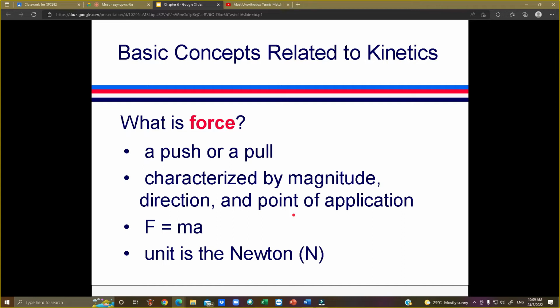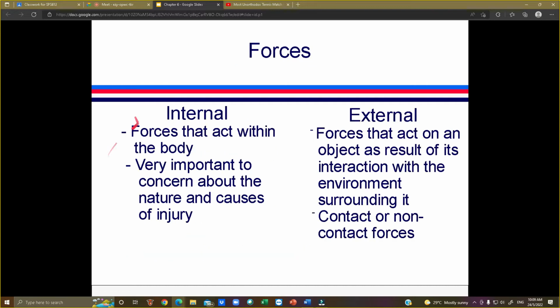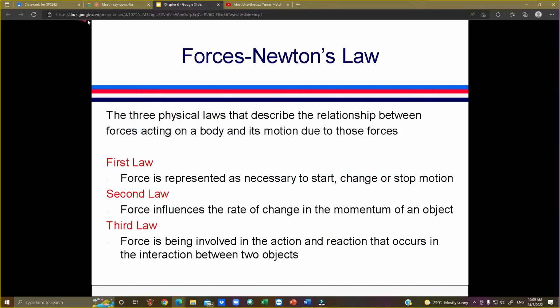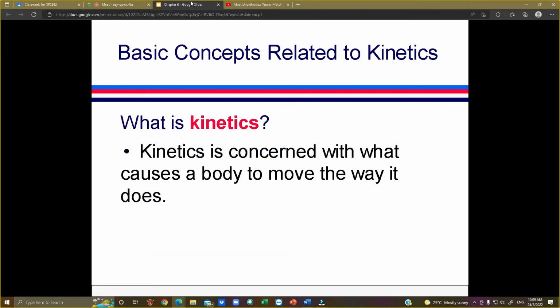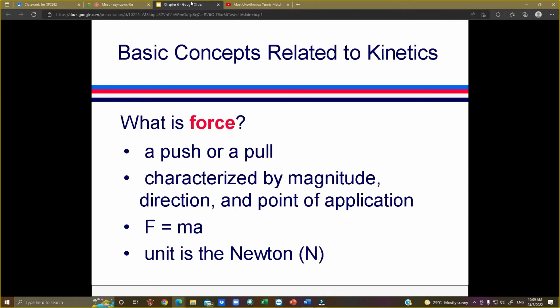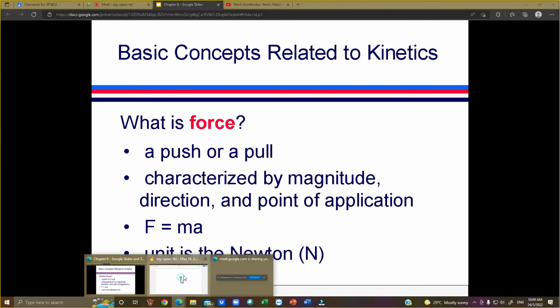Okay, because when we talk about force, when we point force to an object, it will actually work in two different ways.